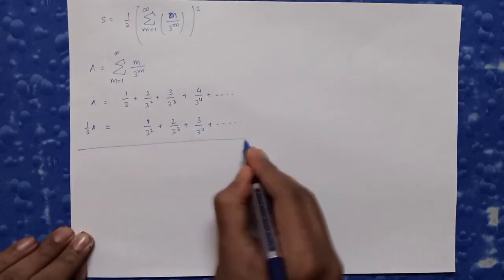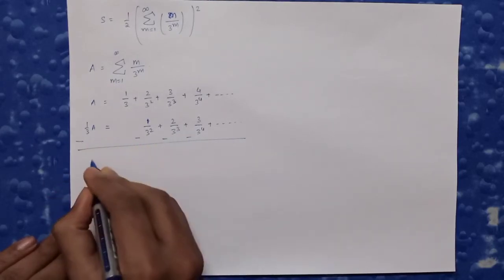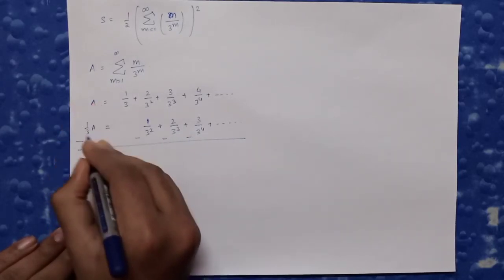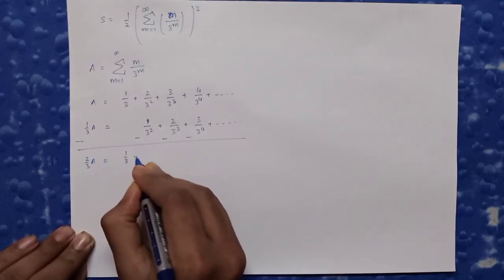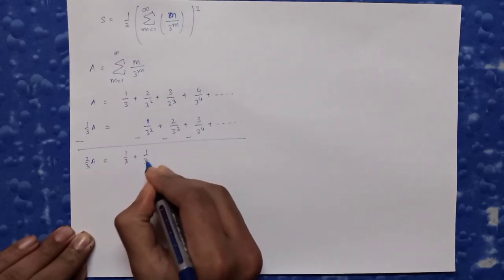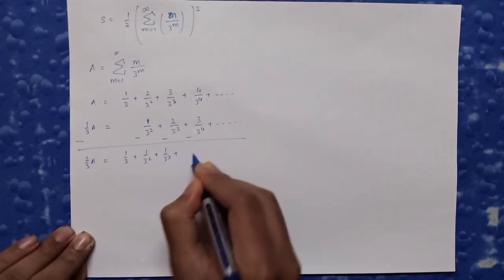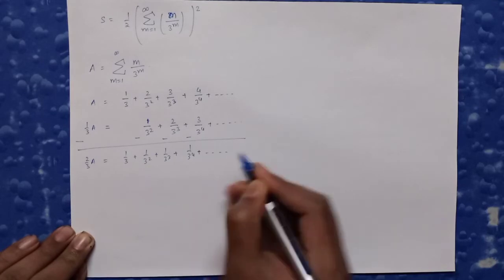Now let's subtract. We get 1 minus 1 by 3, that means 2 by 3 A, equals 1 by 3 plus 1 by 3 square plus 1 by 3 cube plus 1 by 3 raised to 4 plus dot dot dot till infinity.